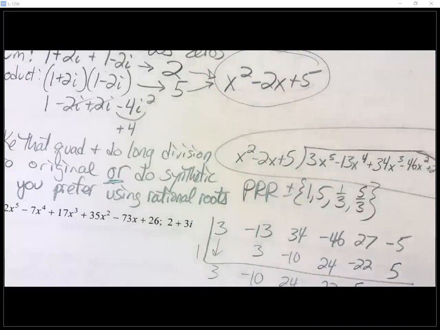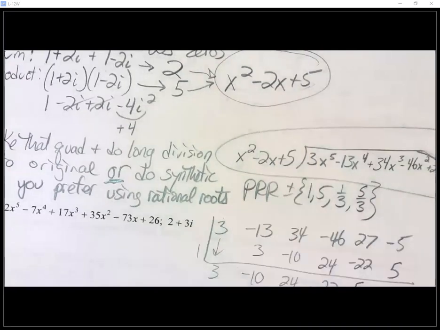Do I want to do long division now? Or since our list of possible rational roots is so small, we might just want to keep going and see if we can find another one. The problem is, there might not be any more possible rational roots. I could run through this whole list and not find another one.